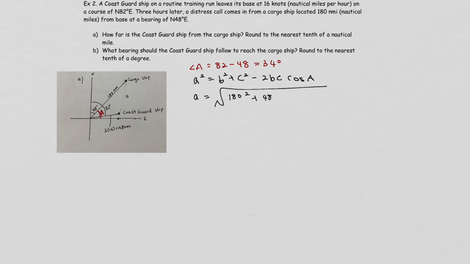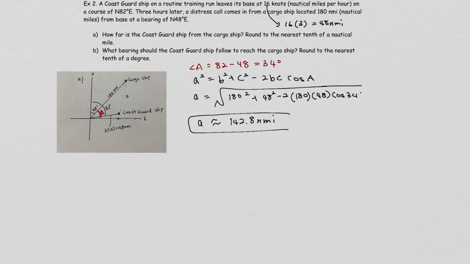Why is that 48 again? 16 times 3, 48 nautical miles. Squared minus 2 times 180 times 48 times cosine 34 degrees. And this is going to give you around 142.8 nautical miles. So that's the length from the Coast Guard to the cargo ship.